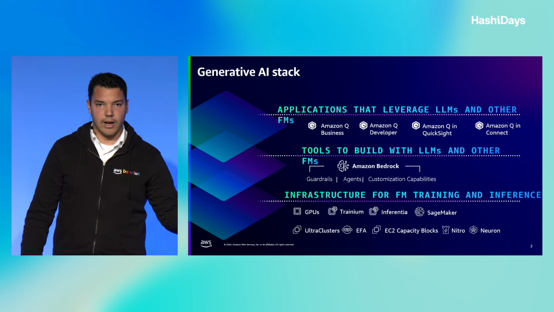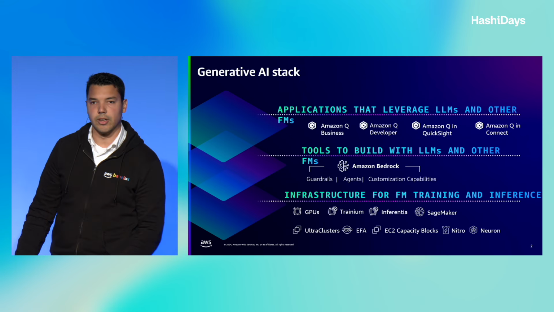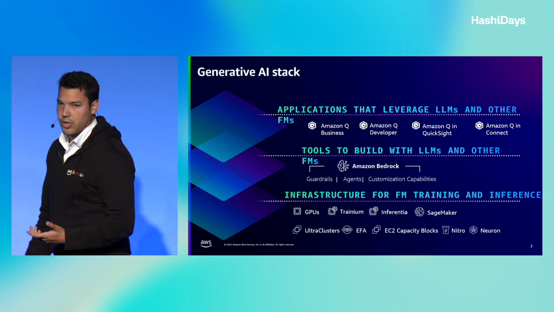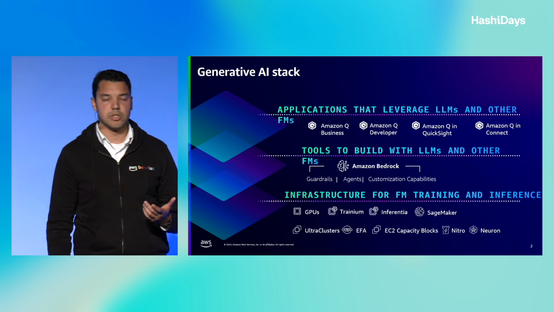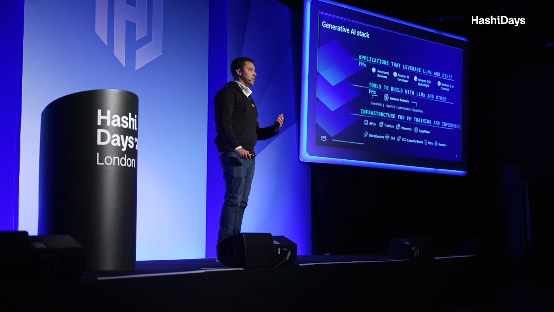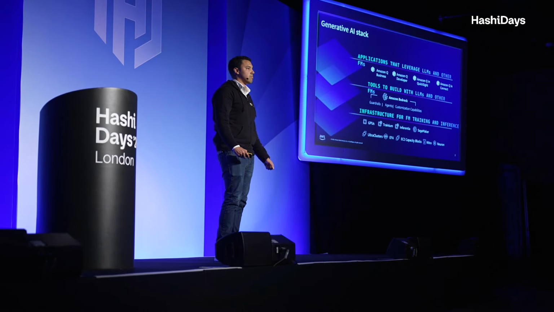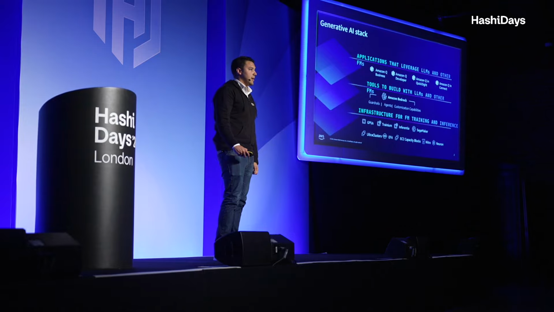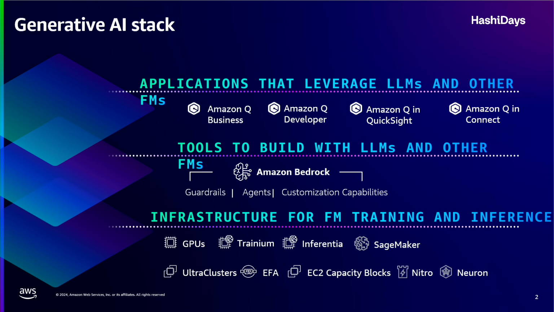In the bottom, we have the infrastructure that we provide to our customers for them to develop LLMs, foundational models, and this is basically all the power compute infrastructure that customer needs to do this. And this includes GPUs, chips, Amazon SageMaker, and so on.